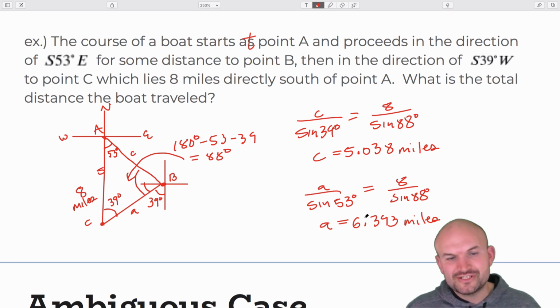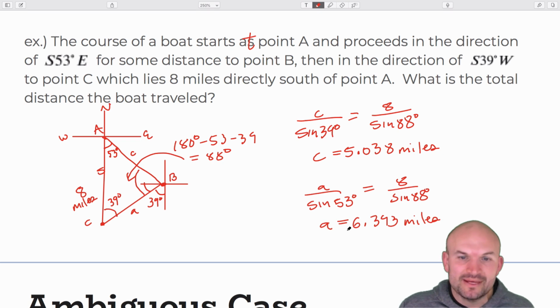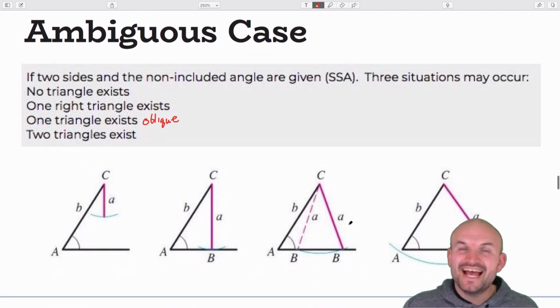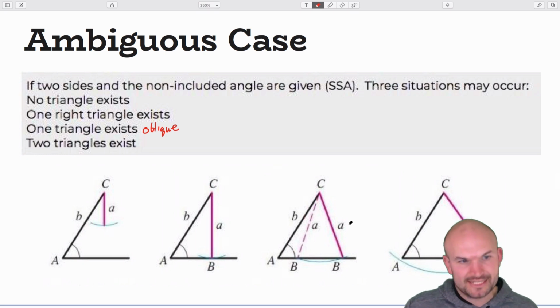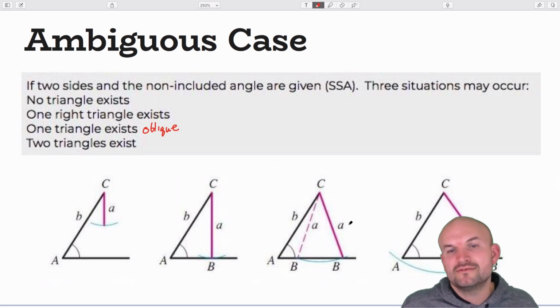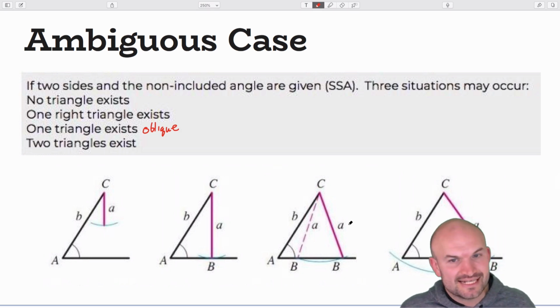Now we're going to move into the lovely situation where we cannot confirm if we have all the information needed to identify what the triangle would be. That is what we call the ambiguous case. The ambiguous case is when two sides and a non-included angle are given, which is also called the side-side-angle triangle. Three situations can occur.